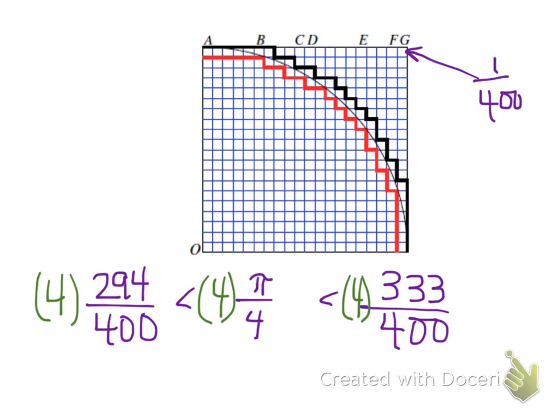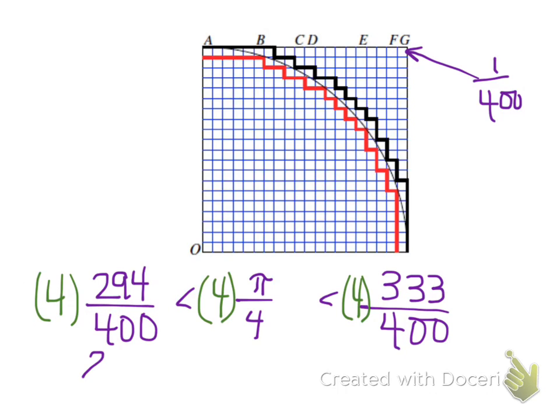I don't know if I said this explicitly, but we could have done this with the whole circle. But if you think about it, we're saving a lot of time by just doing 1/4 of the circle, because the other 3/4 of the circle would be exactly the same. That's why we're multiplying by 4 here. Notice this time the 4 and the 400 are canceling, so this is just hundredths.